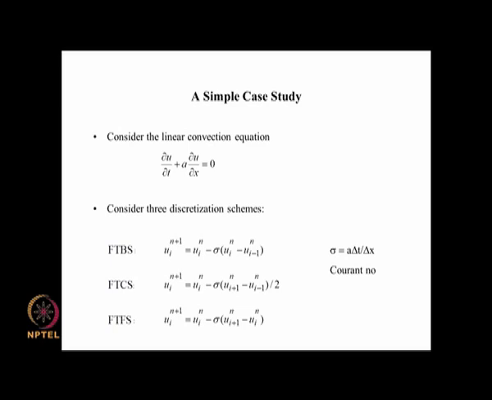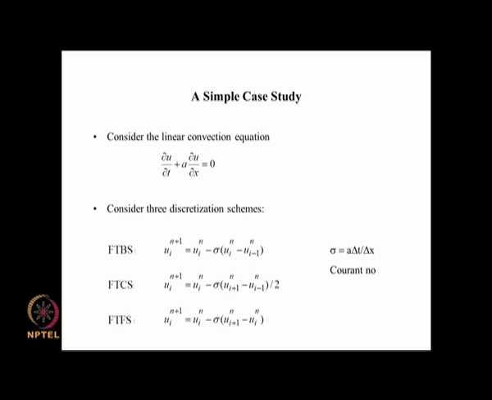So the first question that we would like to answer is: is the FTBS scheme consistent? Similarly, is the FTCS scheme consistent, and is the FTFS scheme consistent? If a specific scheme is consistent, then the next question that we will have to answer is: is the solution stable?